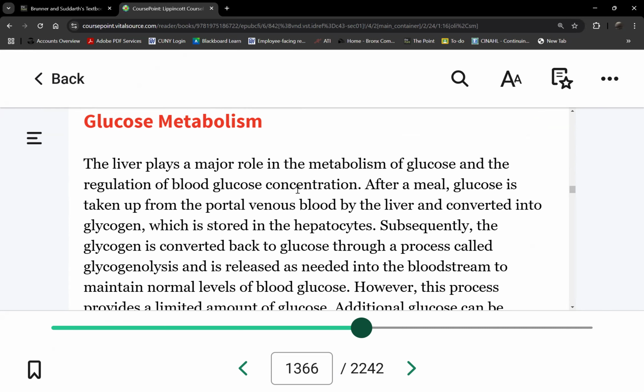Whatever excess food we eat, because we can never eat just enough, either we eat too much or too little, the rest of it will be stored as either fat, and some will be stored as glycogen.